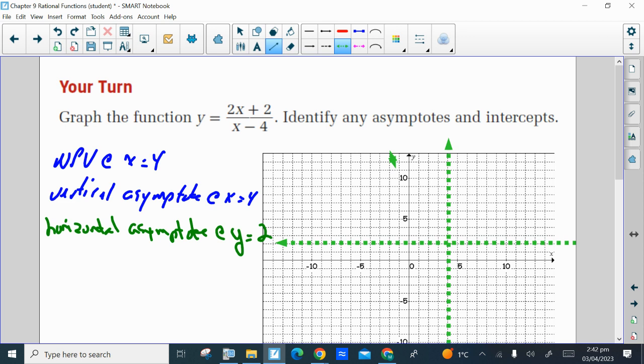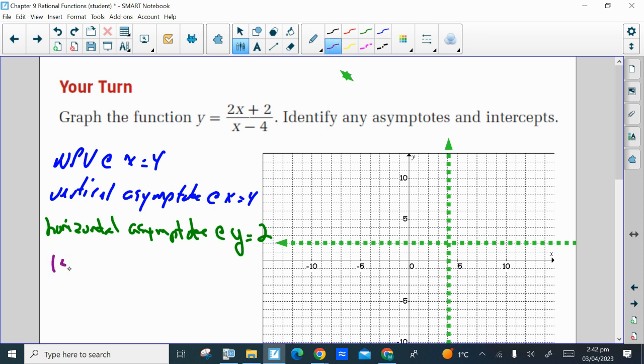So unless the graph is reflected, these graphs will always have their branches in the top right quadrant and the bottom left quadrant. Always. But to confirm that, you could just do what we have been doing.